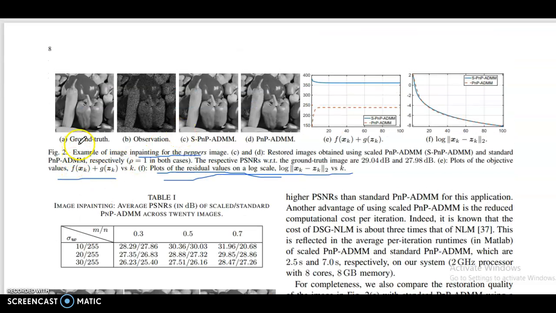Example of image inpainting for the pepper image.